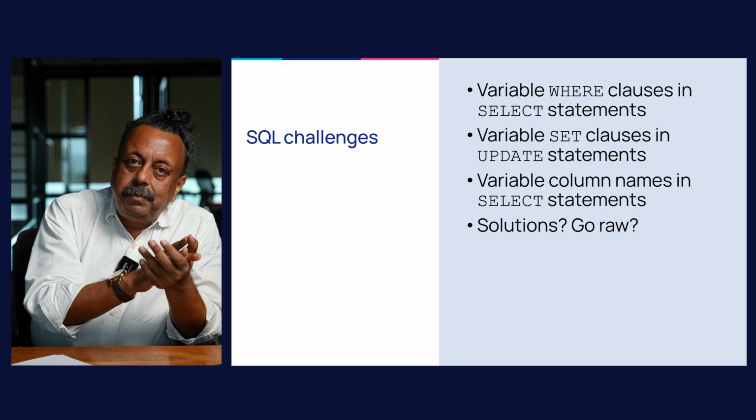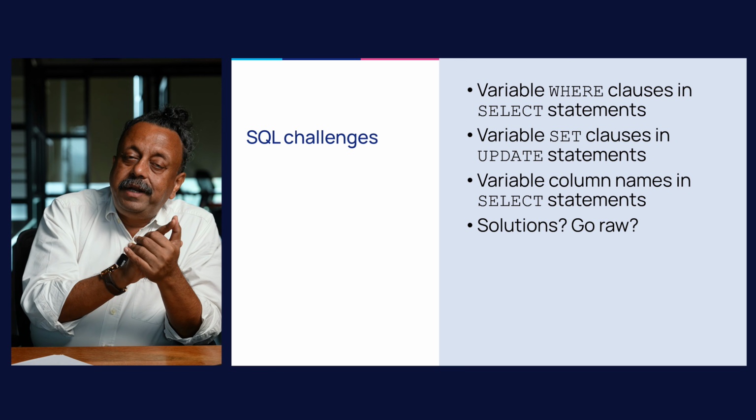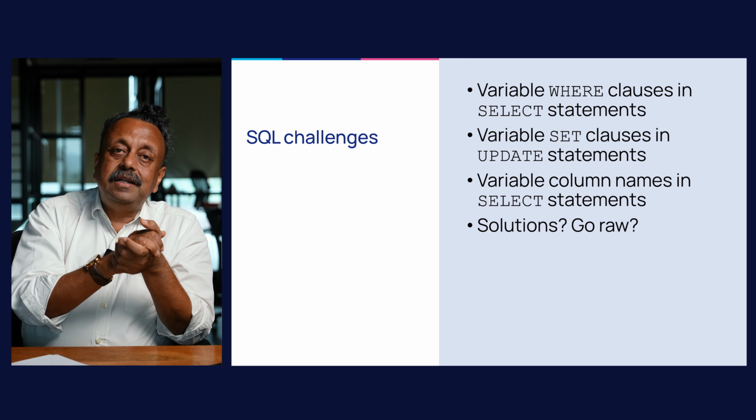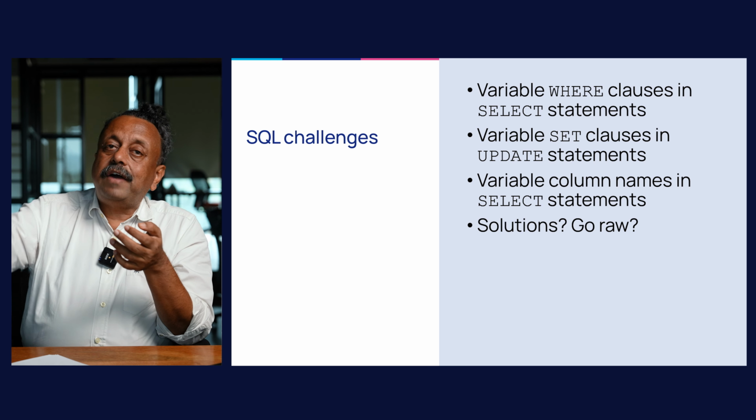Similarly, when you are updating things, if there is an update web service, today the update web service is being called passing one attribute and new value. Tomorrow the update web service will be called passing 3 attributes and their values. So the set clause of the update statement will need to change. So the SQL statement becomes dynamic even there. Then when you are using the fields parameter in the list call, I want only these 5 fields.